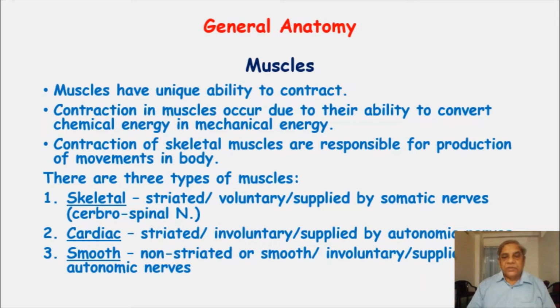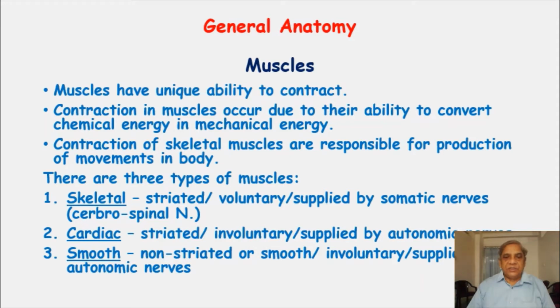So contraction in muscle occurs due to their ability to convert the chemical energy into mechanical energy. What does this mean? That means whatsoever chemical energy is there in the form of the actin and myosin filament within the muscle fibers, when they contract, they convert this chemical energy into the mechanical energy, because the bones are then moved.